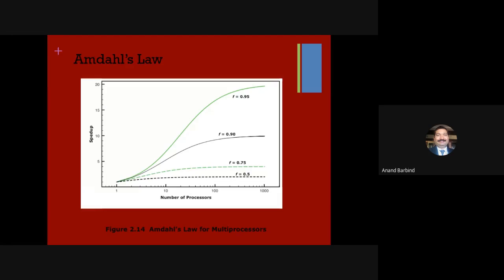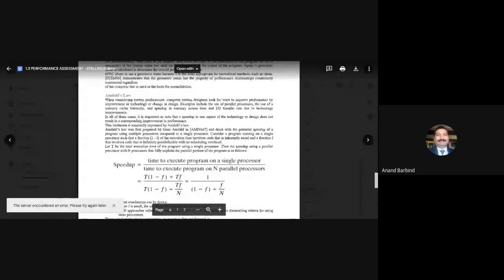Okay. So I would just like to show you Amdahl's law, the formula for that. I think it is already there in the notes which I have given you.